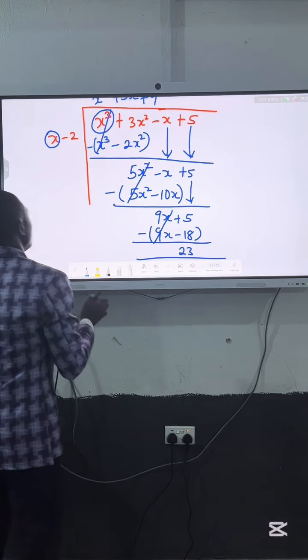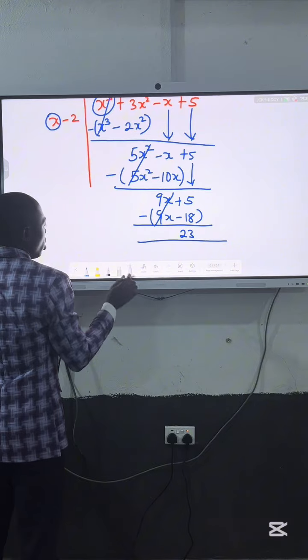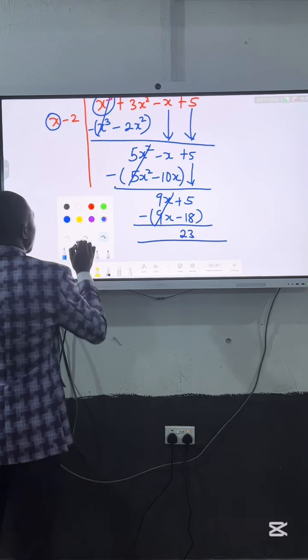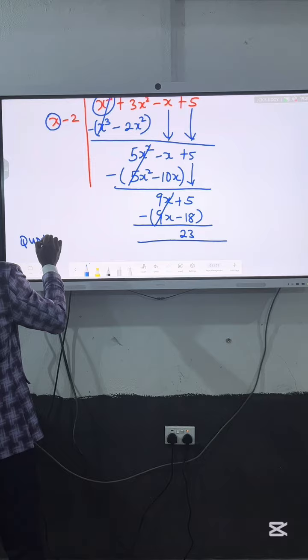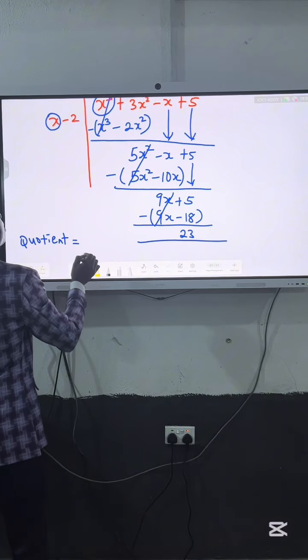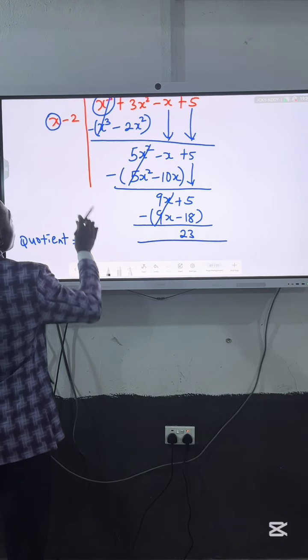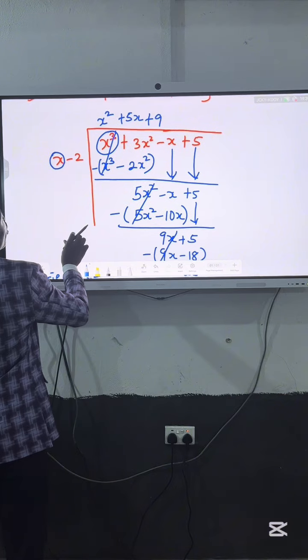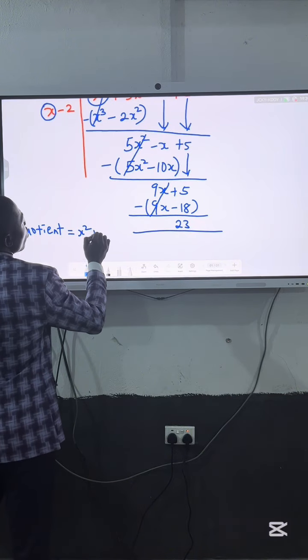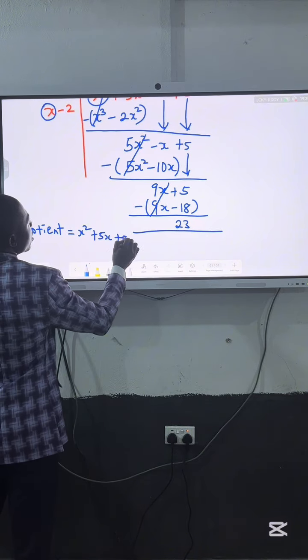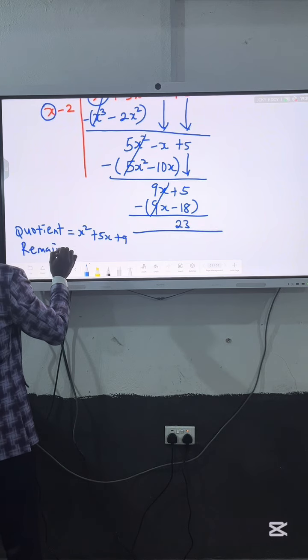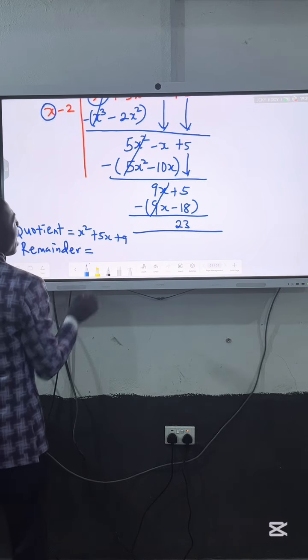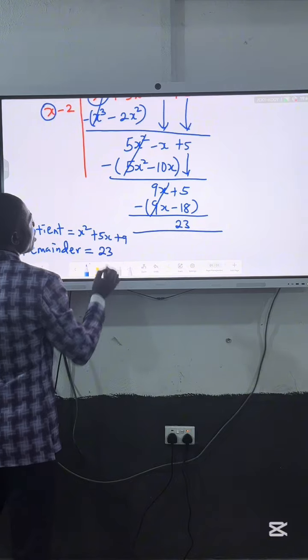That means if you want to write out your answer now, you are going to say that the quotient, which means the main answer, is equal to x squared plus 5x plus 9. Why the remainder means the leftover. Remainder is equal to 23.